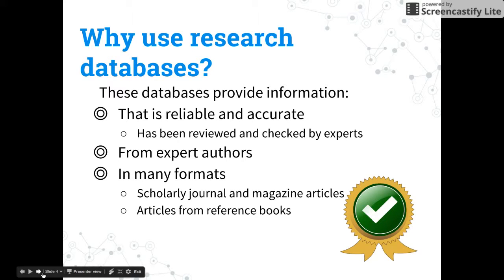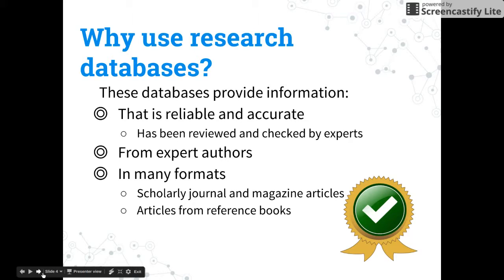On the other hand, when we use research databases, we don't have these types of concerns. Research databases provide information that is reliable and accurate. It has been written by an expert author. The information has been reviewed and checked by other experts. The information from these databases come in many formats, like scholarly journals, magazine articles, articles from reference books.